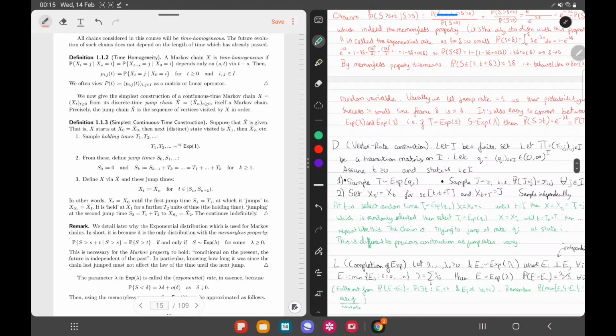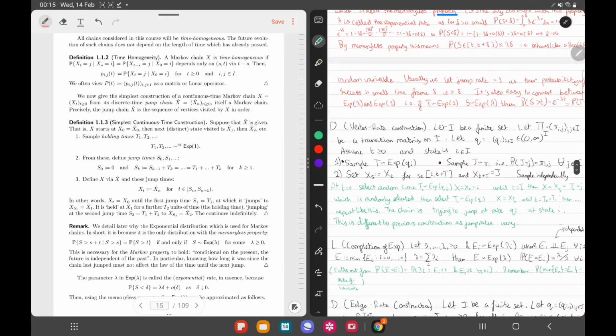Vertex rate constructions are sort of the exact same thing as before, except you're trying to jump to the next state with different rates.